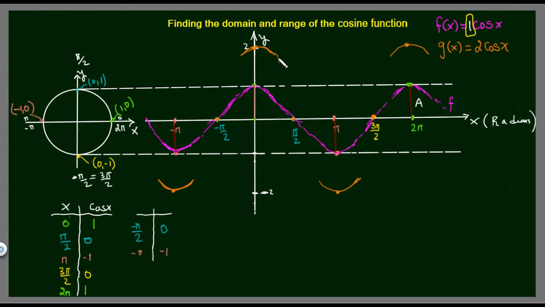The function will be dropping down here to pi over 2, connecting to this point here, then dropping down to 3 pi over 2 and connecting to this one here, and also going down to minus 2 pi, connecting to this one and continuing over there.